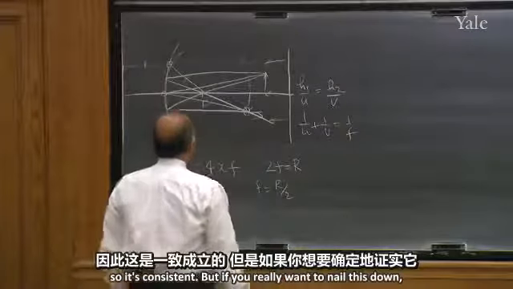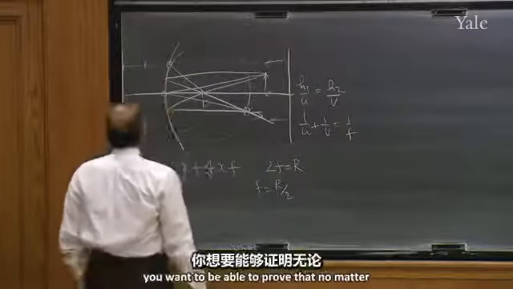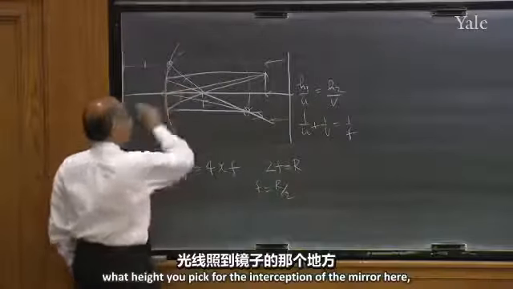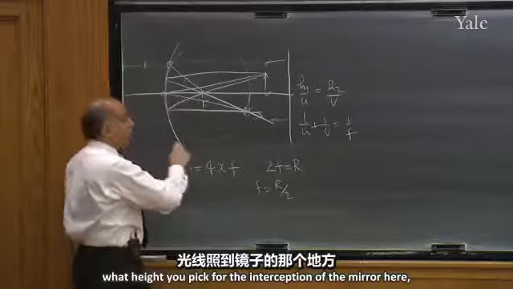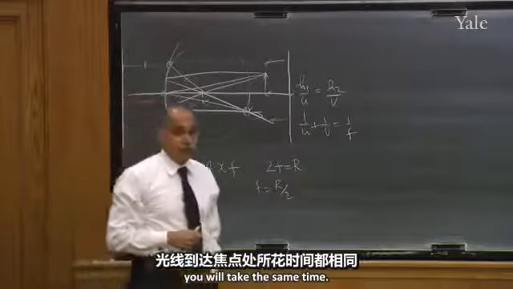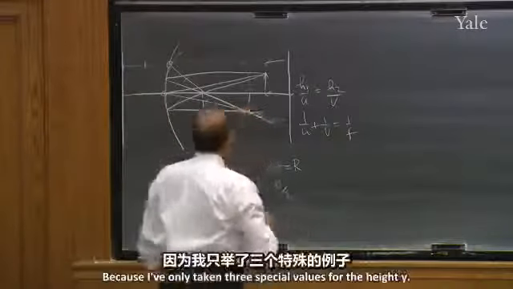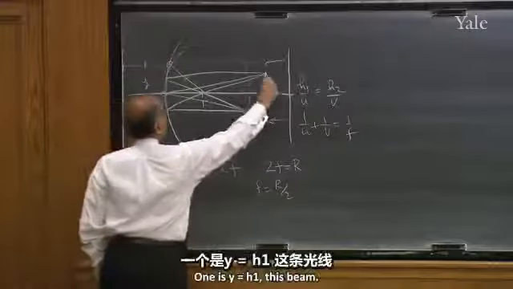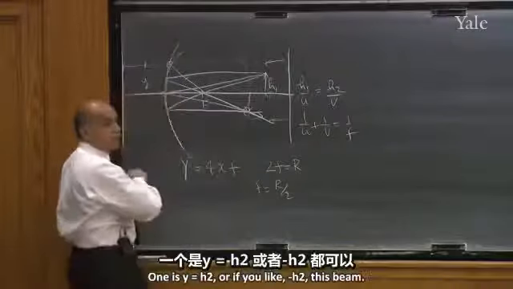But if you really want to nail this down, you want to be able to prove that no matter what height you pick for the interception of the mirror here, you will take the same time. Because I've only taken three special values for the height y. One is y equal to h1, this beam.